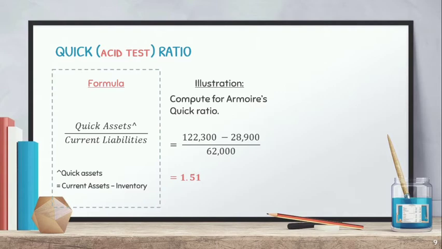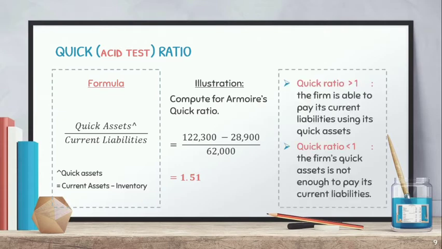So, 1.51. This has a meaning. If our quick ratio is greater than 1, we can pay our current liabilities using our quick assets only. And if less than 1, our quick assets are not enough to pay for our current liabilities. That easy, right?